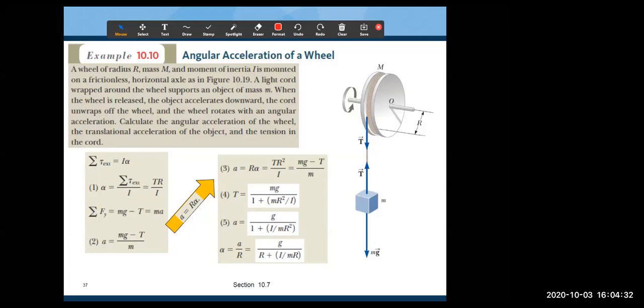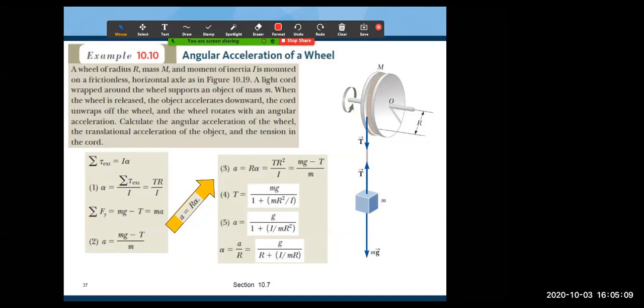Right, here you have an angular acceleration of a wheel due to a falling object connected by a string. So here we have two types of motions connected together by a string. Parameters are basically given on the diagram.